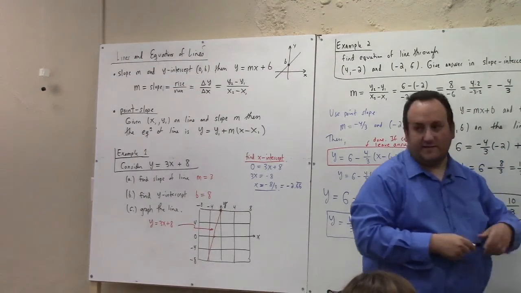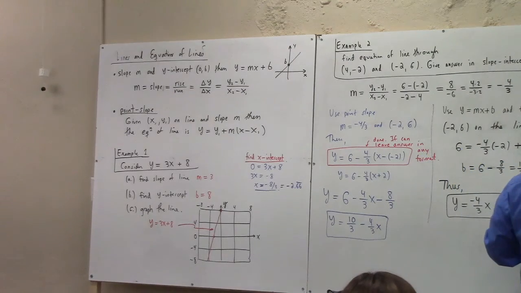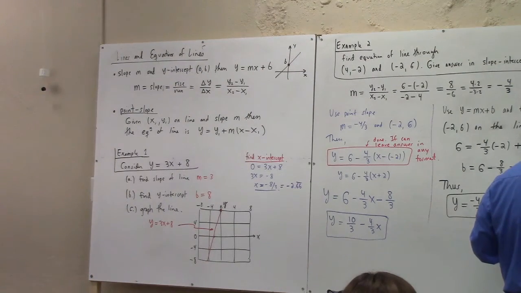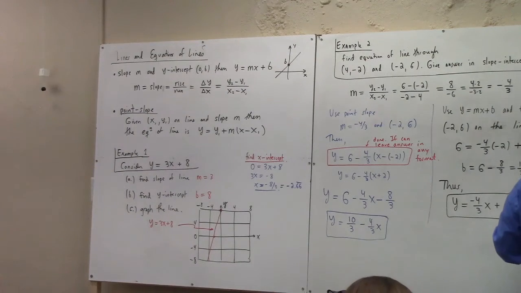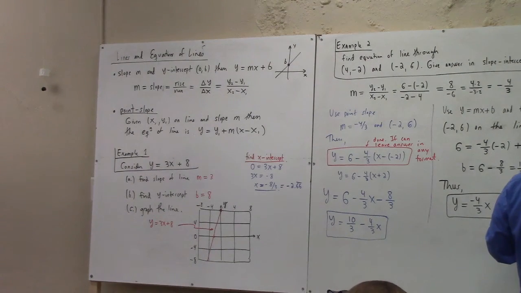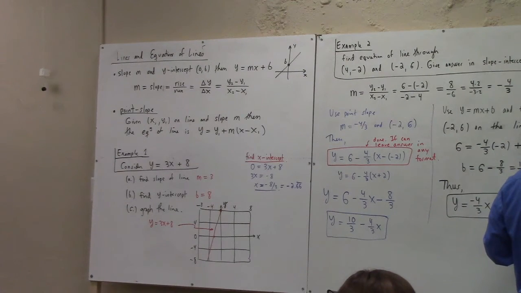Actually, let me go ahead and graph the line as a starting point. So what's the graph of y equals 3x plus 6 look like? So here's 6, let's say this is 4.